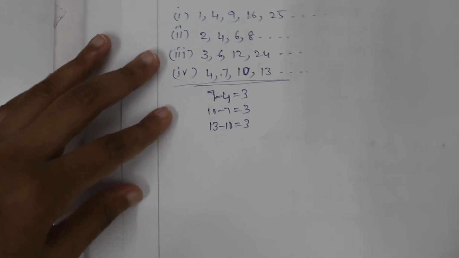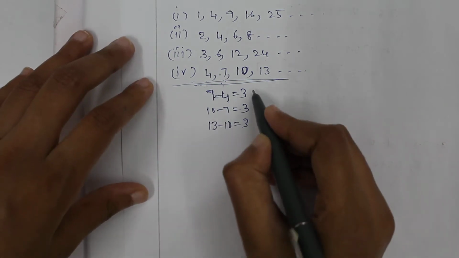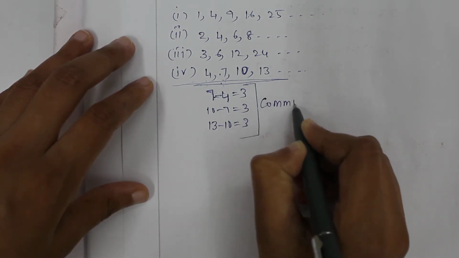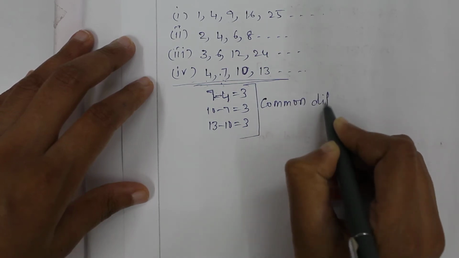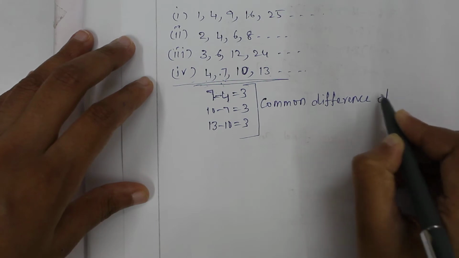So this difference is constant, right, across two consecutive terms in this arithmetic progression. This constant difference is called common difference, and it is denoted with the letter D.